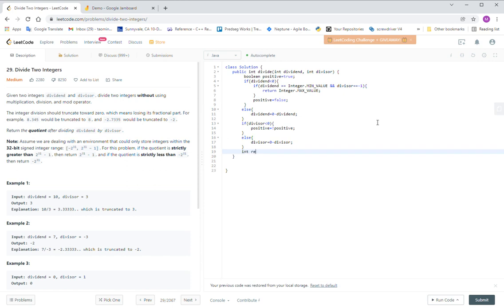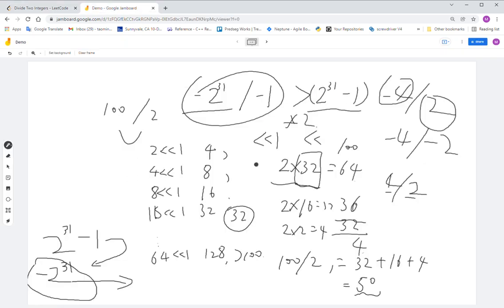Okay, and let's define the result. Because this is a negative calculating, every time we need to guarantee dividend is less than the division. If it is a positive calculating, it's reversed. And also we need to consider one question. They only give us the 32 bit.